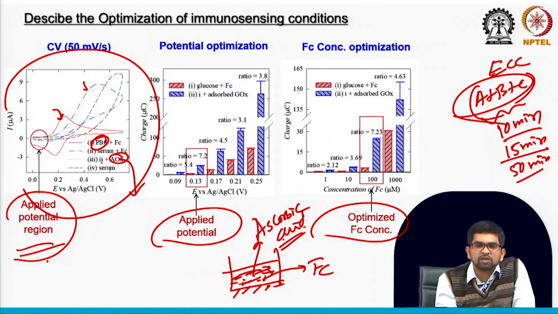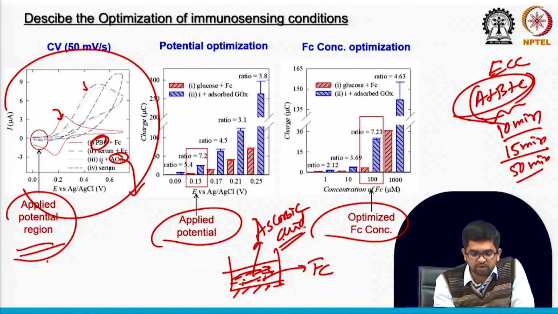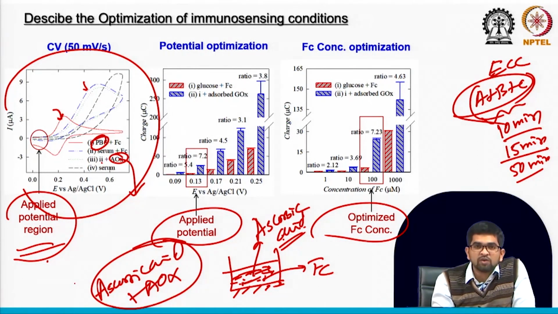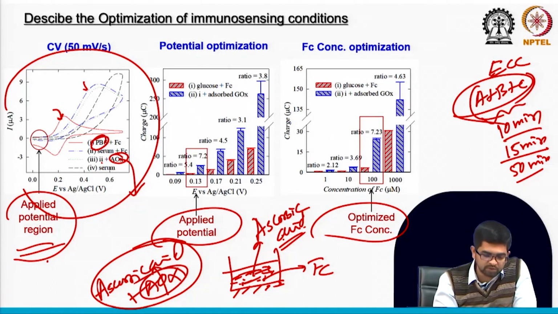Then let's see the cyclic voltammogram after adding ascorbate oxidase. It can help you decide which concentration of ascorbate oxidase you want to use and how long you want to react it with ascorbic acid. So you have to check the time, how long they take to react with each other, and whether all the ascorbic acid can be removed by the ascorbate oxidase. That also you have to check.